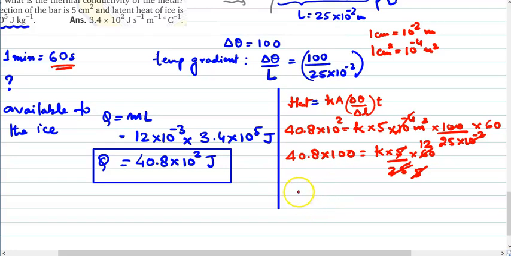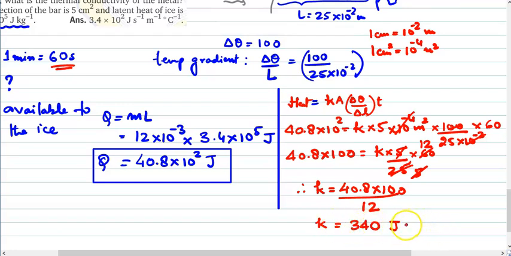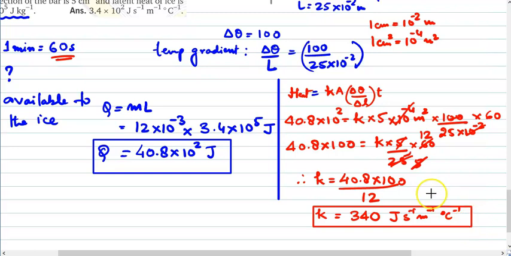K should be 3.4 into 10 to the power of 2. K comes out to be 340 joule per second per meter per degree Celsius. That is 3.4 into 10 to the power of 2. I hope the steps are clear.